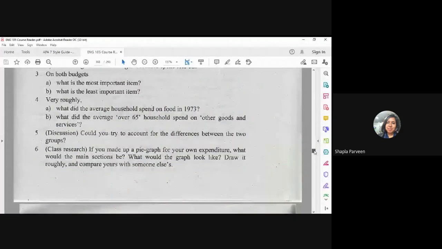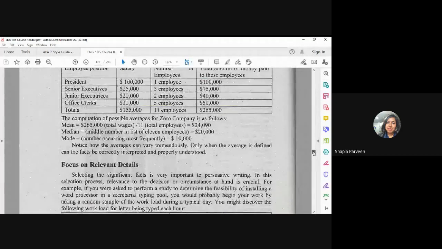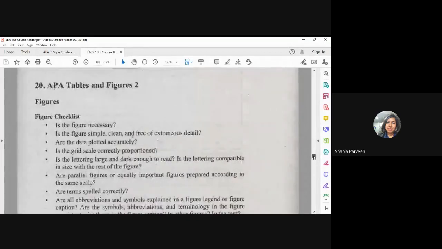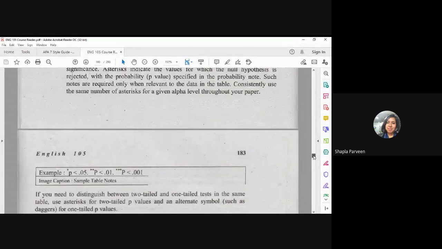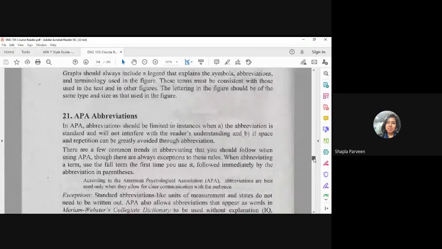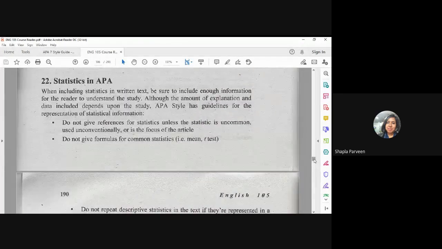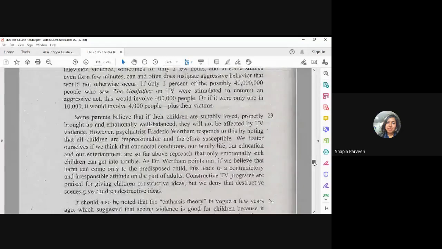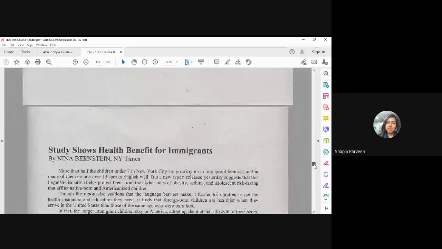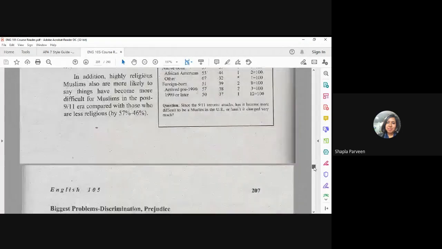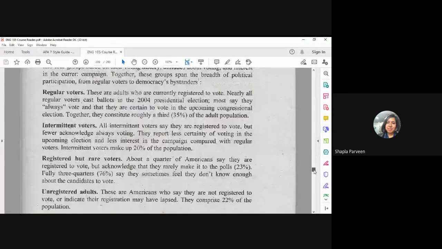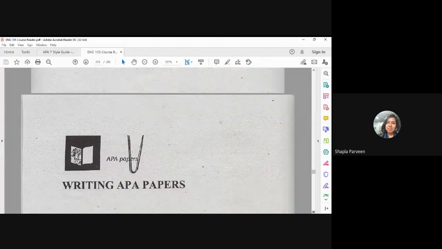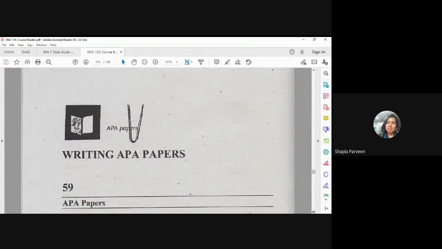We're going to go through that, and then where the rules start, I will be giving you another handout. Yeah, this is actually 218.